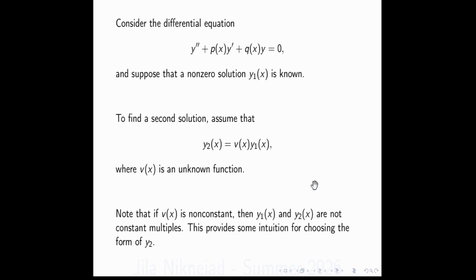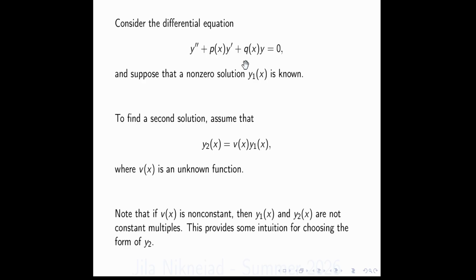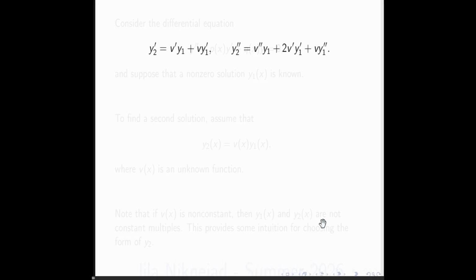So what are we supposed to do next? We're supposed to make sure that this y2 satisfies the original equation by taking the first derivative and second derivative and plugging them into the equation. Taking derivatives of y2 gives us y2' by the product rule equal to v'y1 + v y1'.